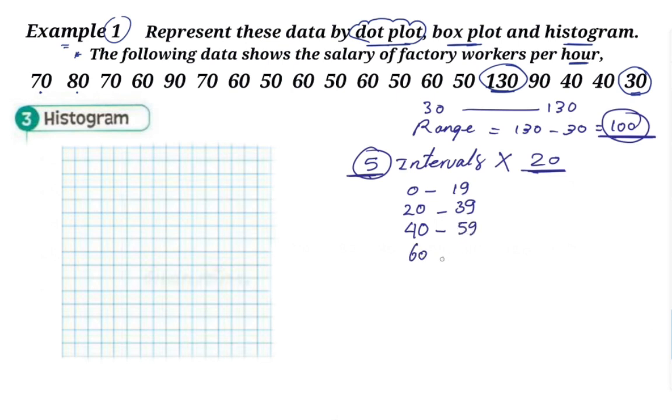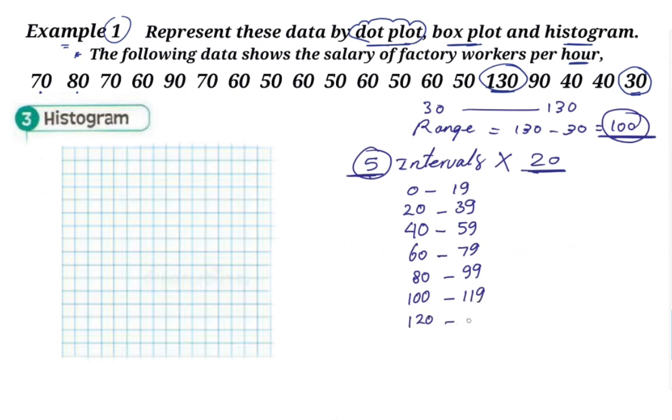From 60 to 79. From 80 to 99. Okay, the next one is from 100 to 119.